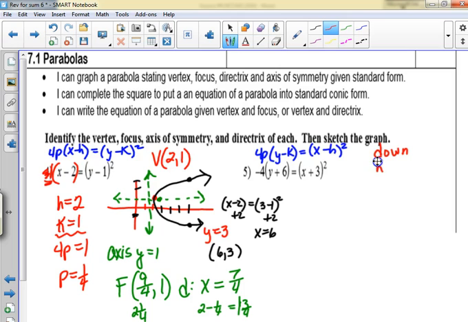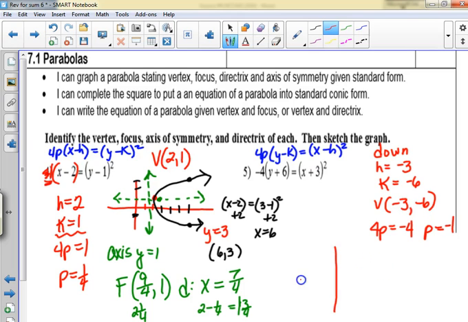Okay, what can you tell me? H is -3, k is -6, so the vertex is -3, -6, and 4p is equal to just -4, right? So this one is, p is -1, that's about as easy as we can get.